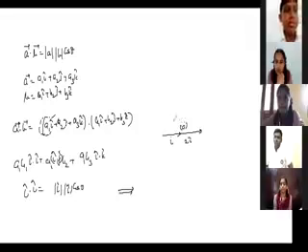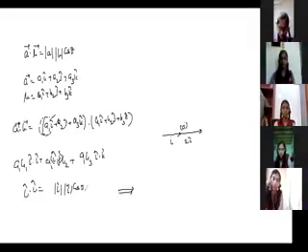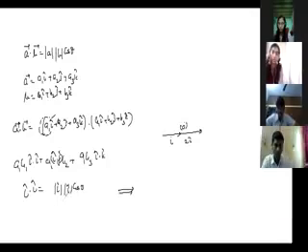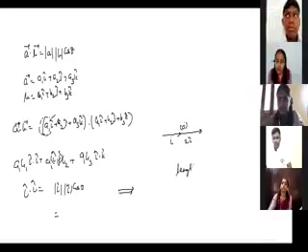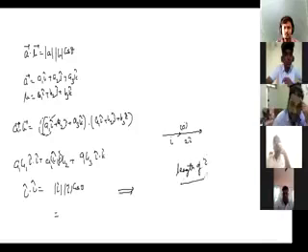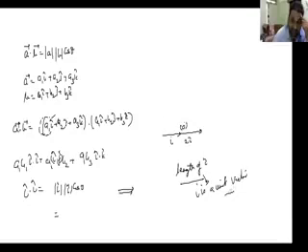If theta is greater than 90, cos will be negative. What if theta is 90? If A dot B equals 0, that's a new question. First tell me, are you clear with this? cos theta equals a dot b upon mod a mod b, and if cos theta is less than 0, the angle is obtuse. If cos theta is greater than 0, the angle is acute.